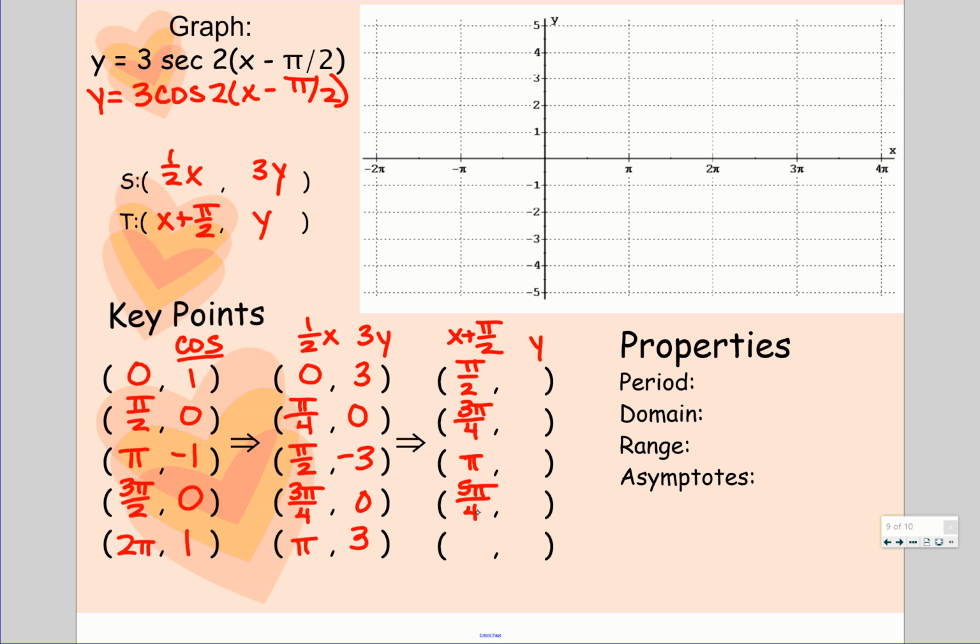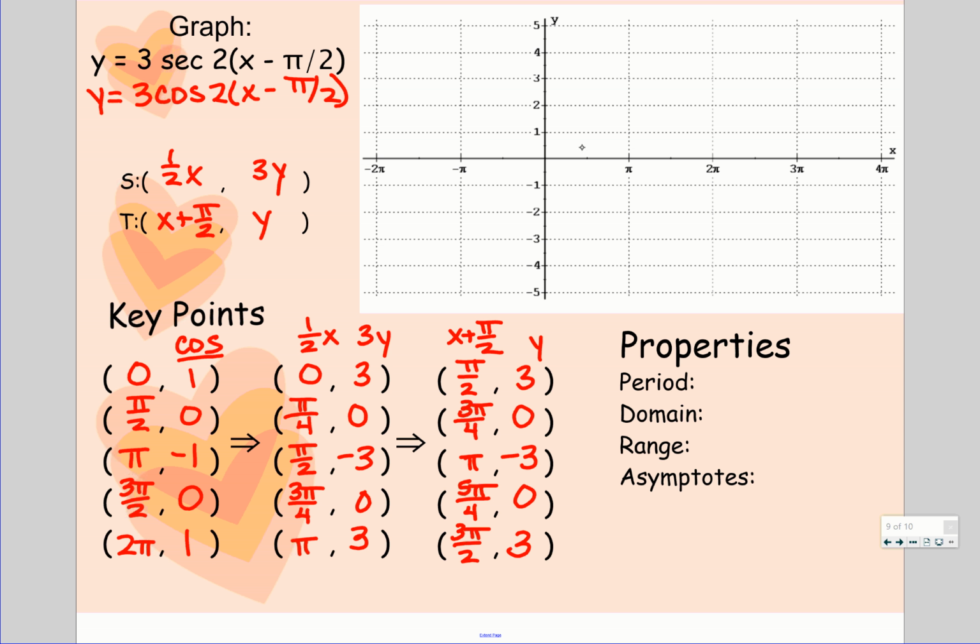And pi plus pi over 2, think of it like 1 plus a half, 3 halves, is 3 pi over 2. All the y's stay the same: 3, 0, negative 3, 0, 3. It's going to be rough.